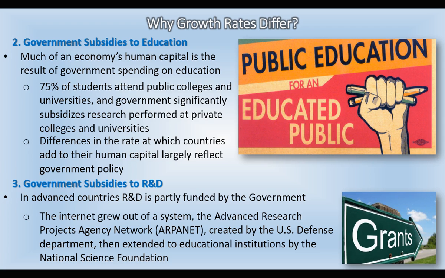The internet actually grew out of a system called the Advanced Research Projects Agency Network, ARPANET, created by the US Defense Department, then extended to educational institutions by the National Science Foundation. So without the government innovating as they did for initially military purposes, we wouldn't have the internet, which, as we all know, is our entire lives at this point.